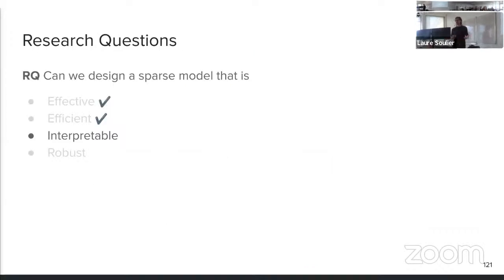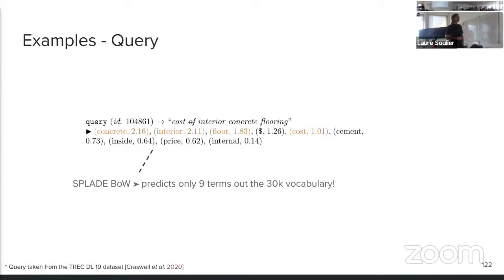And so we have seen that these representations contain just a handful of dimensions, but actually what do they contain? So if you remember with SPLADE, we represent queries and documents in the vocabulary space, which means that we can directly interpret the representations. So for instance, if we take this query from the TREC Deep Learning dataset, we see a bunch of effects here.